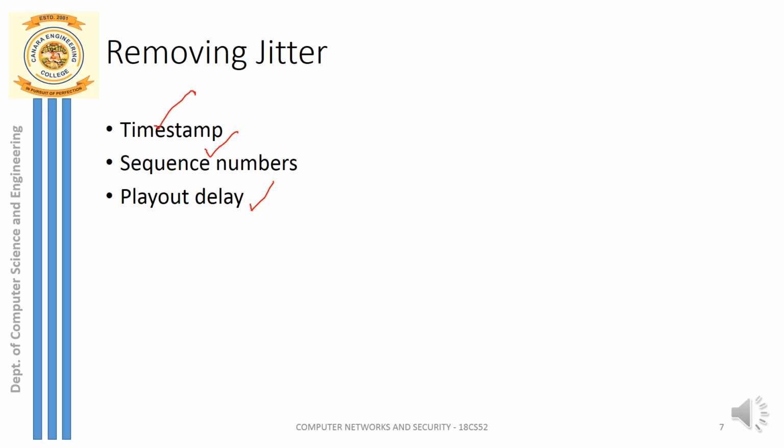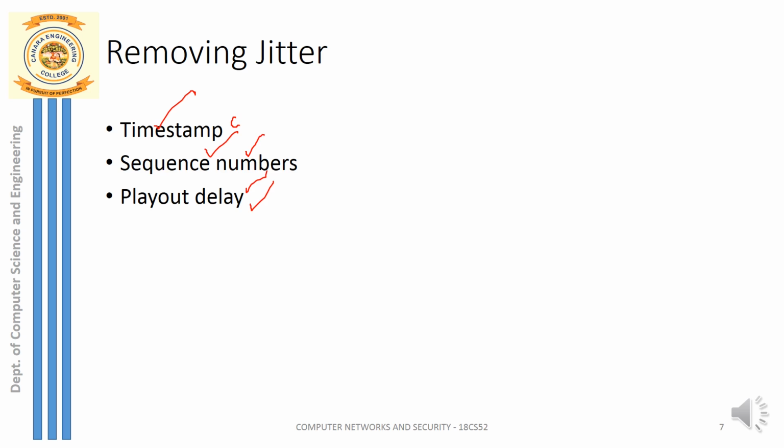The time at which the sender has sent out the chunk, that timestamp can be recorded and included. Second one is, for every chunk you can add a sequence number and send. Third one is play out delay.